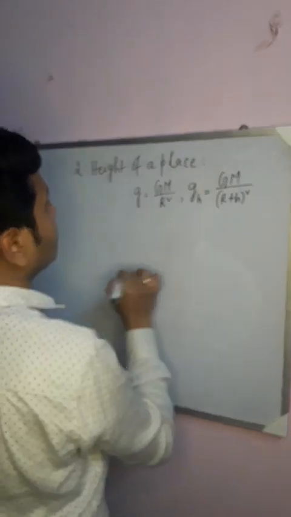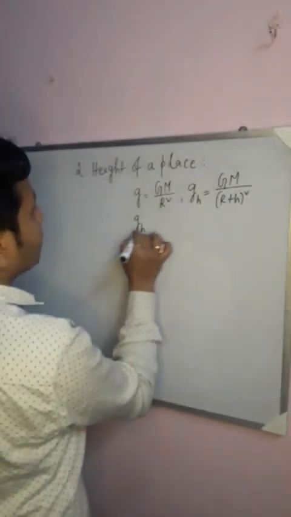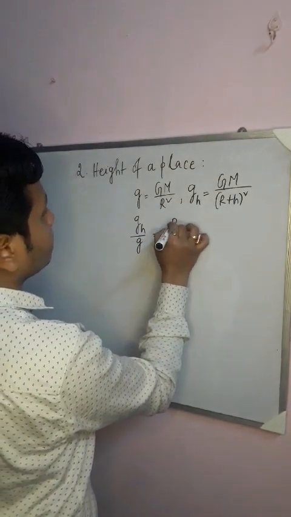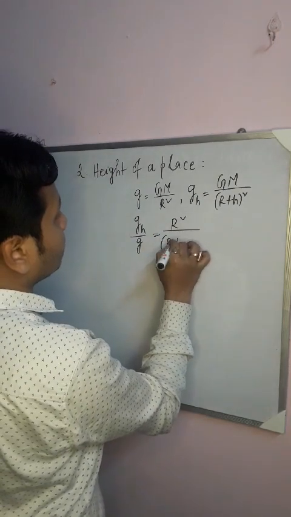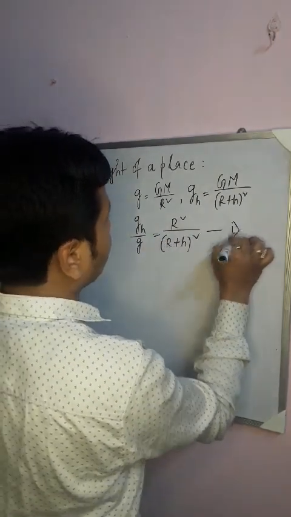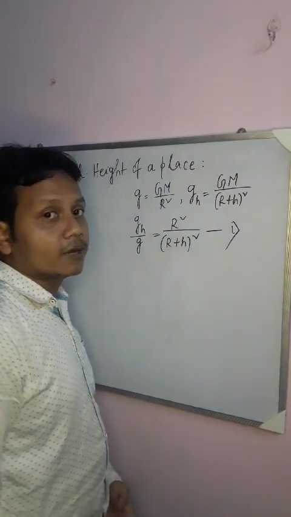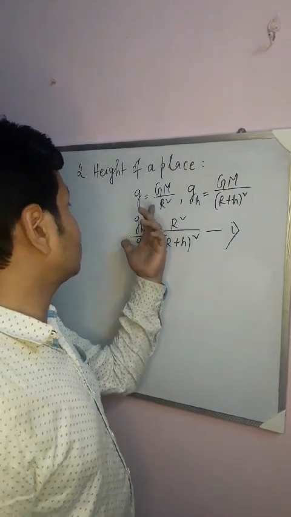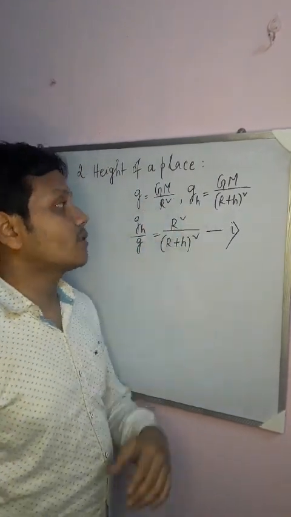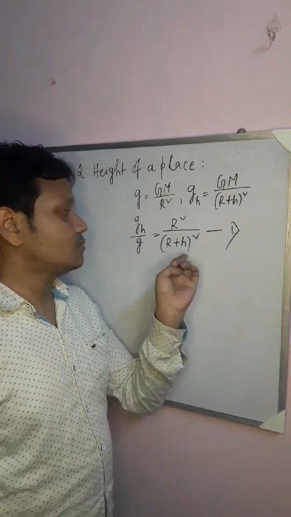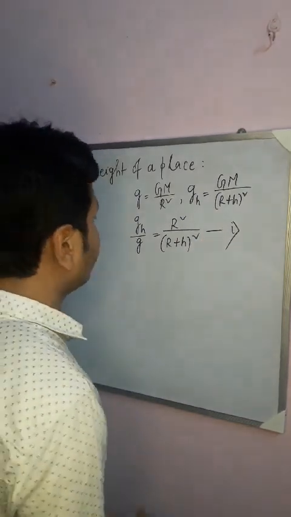So from which we can easily write g_h/g = R²/(R+h)², where g is the acceleration due to gravity at the surface of earth and g_h is that at a height h from earth's surface.